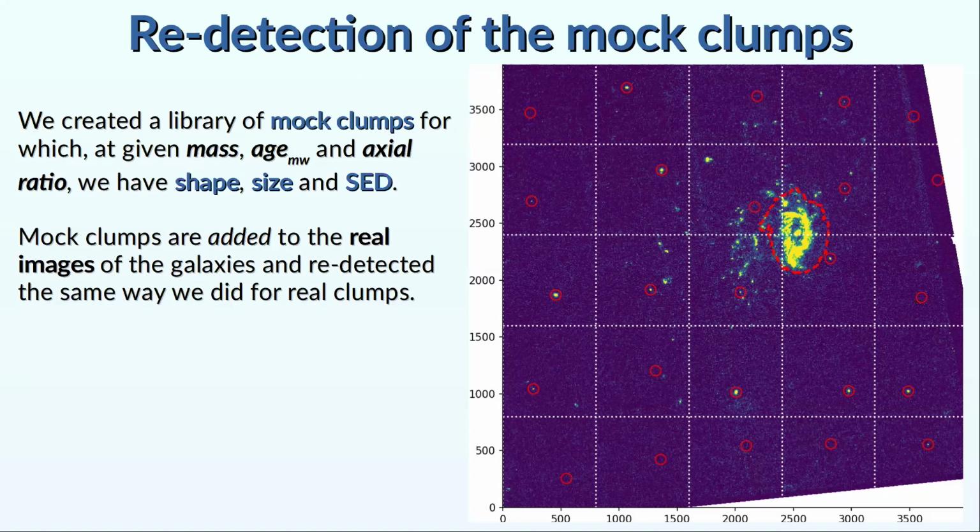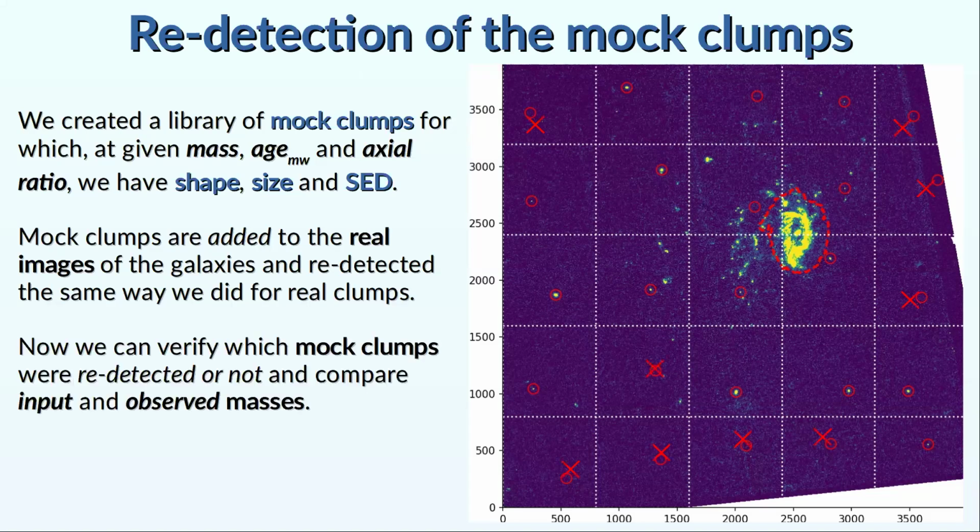So essentially, I'm putting the clumps in the very same conditions in which I detect the real clumps: crowding, background, etc. Some clumps will be lost, and this is the completeness, which quantifies the completeness of the sample, while the clumps that are redetected can be re-studied with Bagpipes, and I can compare the output mass with the input mass that I know a priori.